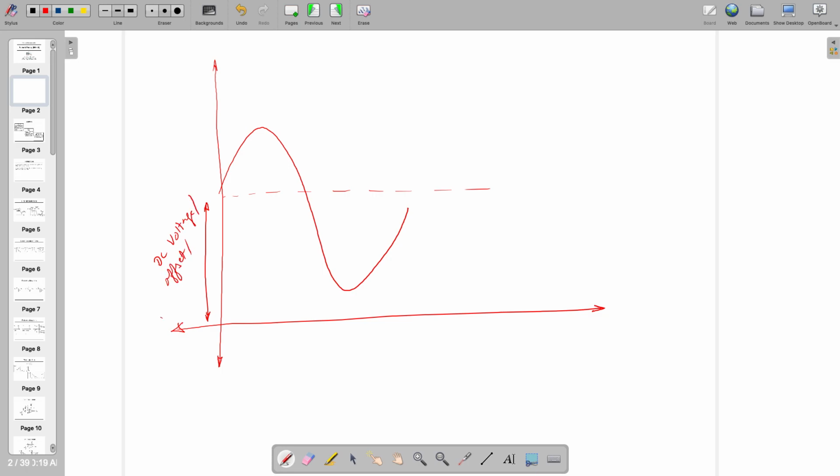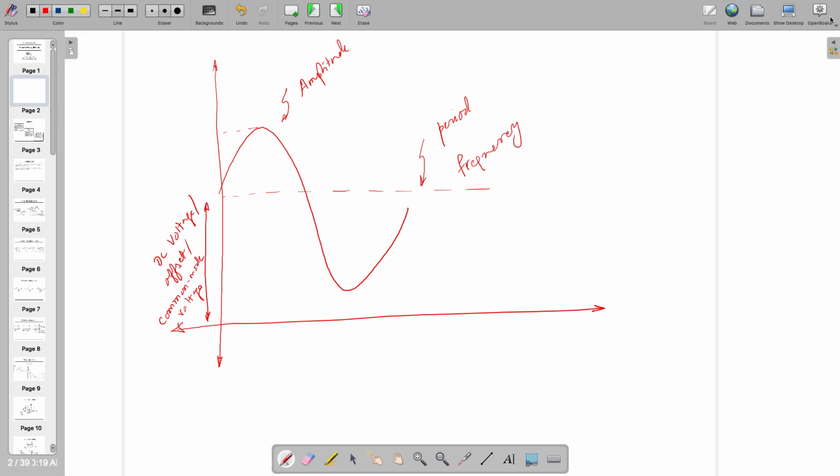Sometimes people call it common mode voltage also. And this one is amplitude. This one is period, or 1 by period will give you frequency. So you can define it whichever way you like, right?